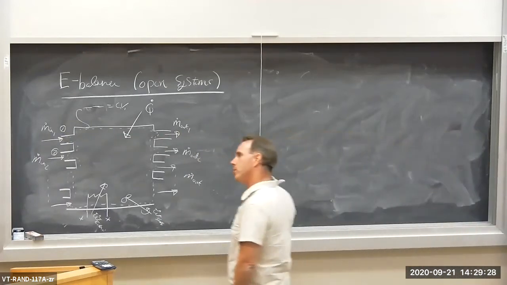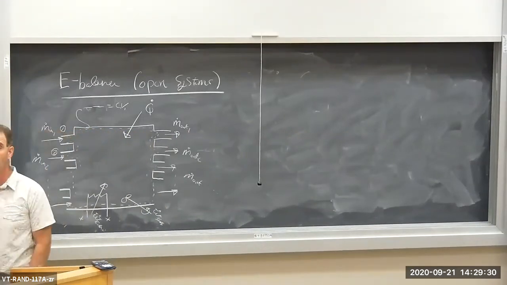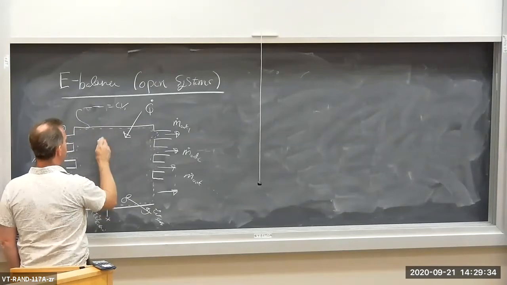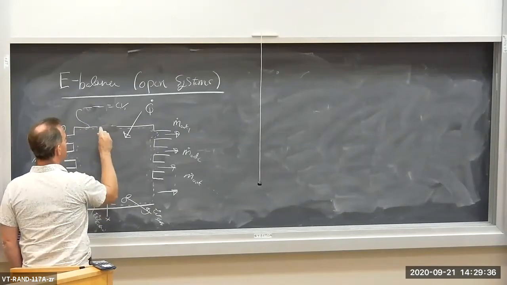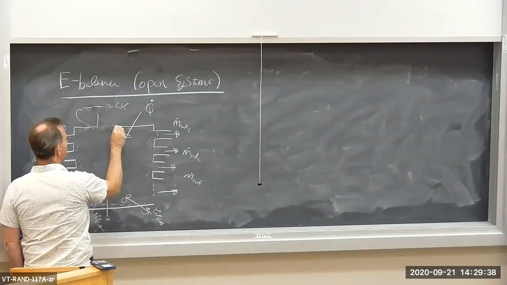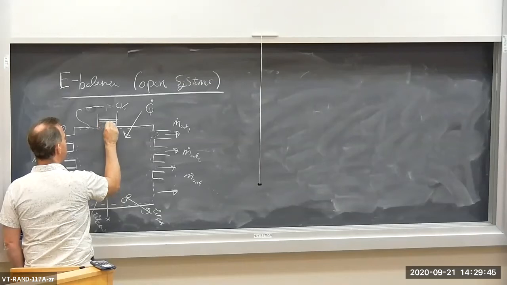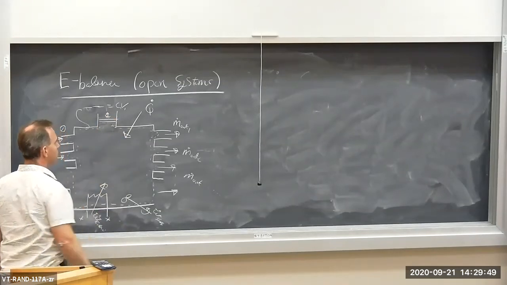So there's shaft work, electric work, and boundary work. We could have a piston in here, and this piston could be moving up or down.